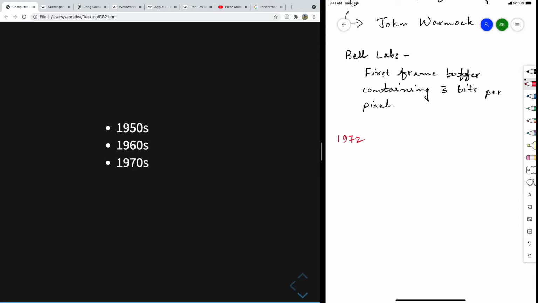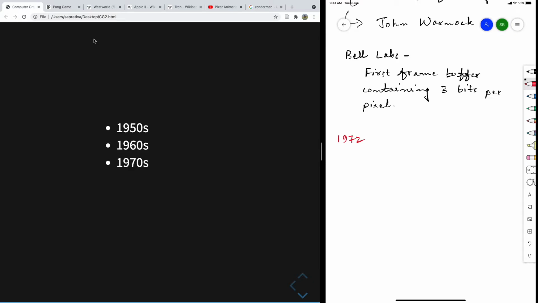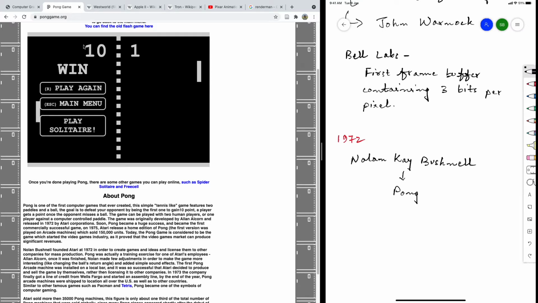So in the year 1972, Nolan K. Bushnell released a game called Pong, which used computer graphics extensively.